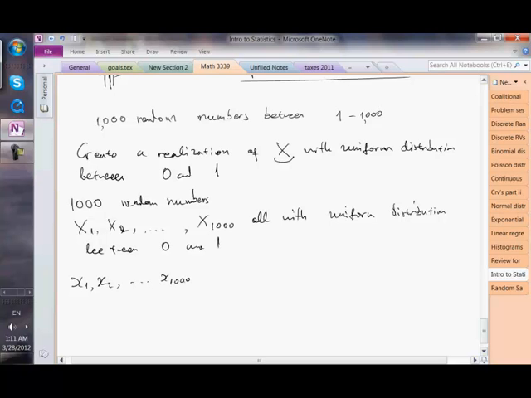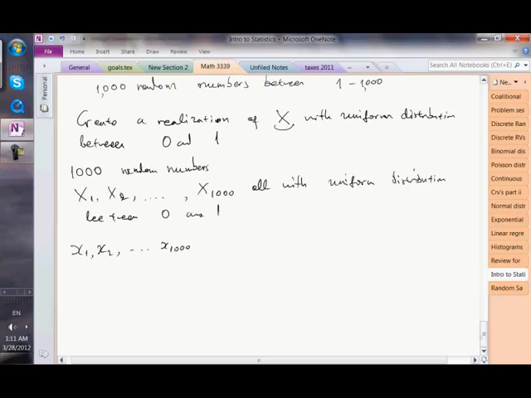Now, those numbers are not going to be integer numbers, they're going to be decimal numbers because I asked them to be between 0 and 1. And how can I create those? Well, the trick is not very difficult.